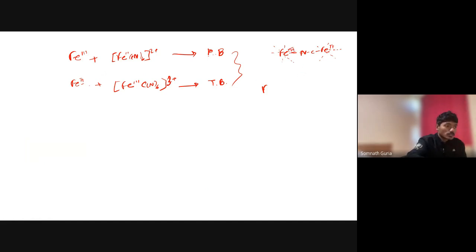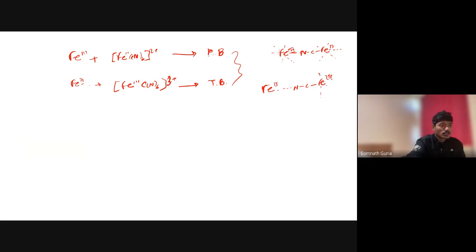Similarly, here also, initially it forms iron 2 here and C, Fe iron 3.